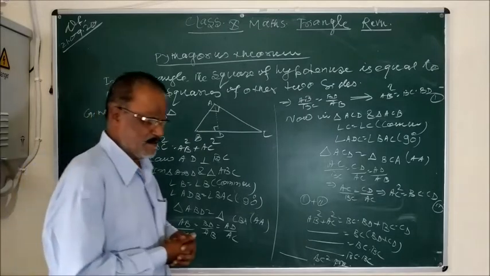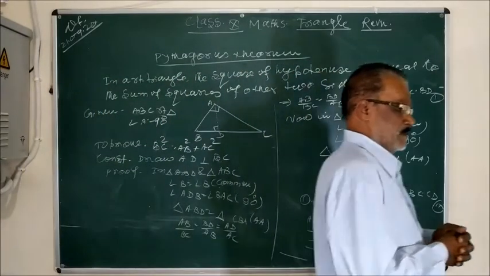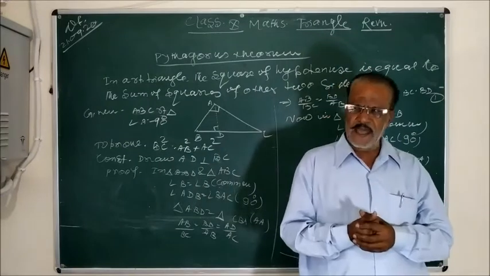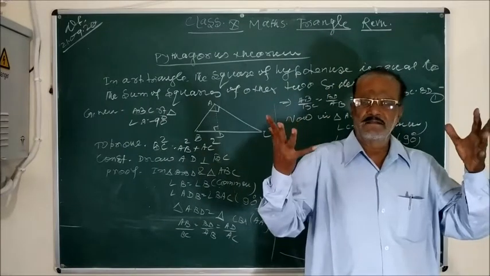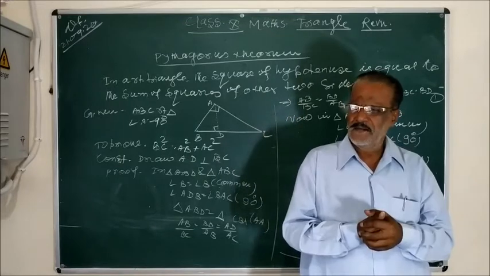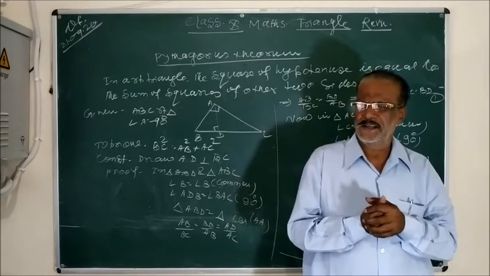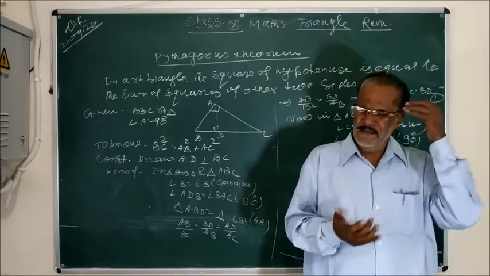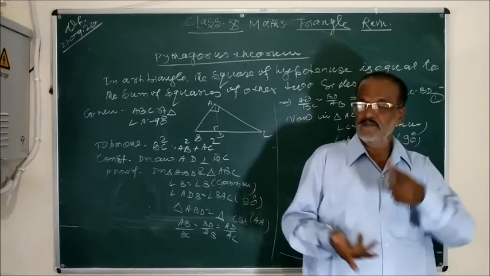Do you understand proof? In geometry, many facts can be proved with the help of logic, with the help of axioms, with the help of postulates, universal facts. This is called a theorem.